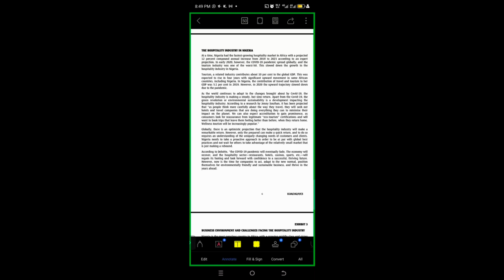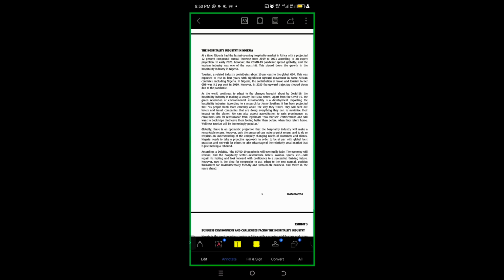Globally, there is an optimistic projection that the hospitality industry will make a remarkable return. However, only the prepared can make a quick return, and to do so requires an understanding of the uniquely changing needs of customers and clients. Nigeria needs to take a proactive approach in order to be at par with global best practices and not wait for others to take advantage of the relatively small market that is making a rebound.